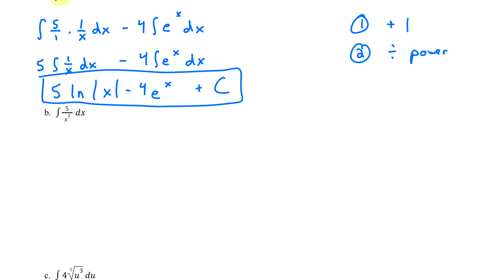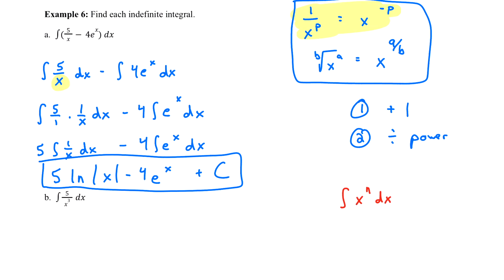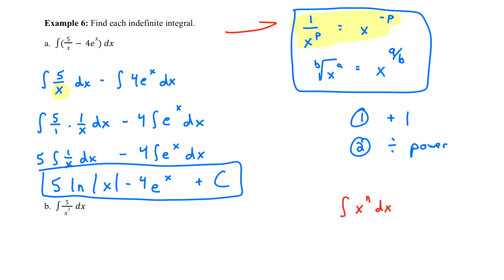This time, I want to integrate 5 divided by x cubed dx. Now, if you look back at our power rule, it only told us how to integrate x to the nth power dx. If that power of x lives in the denominator, we don't really know what to do with it. So this is a case where we absolutely would want to use that first property.